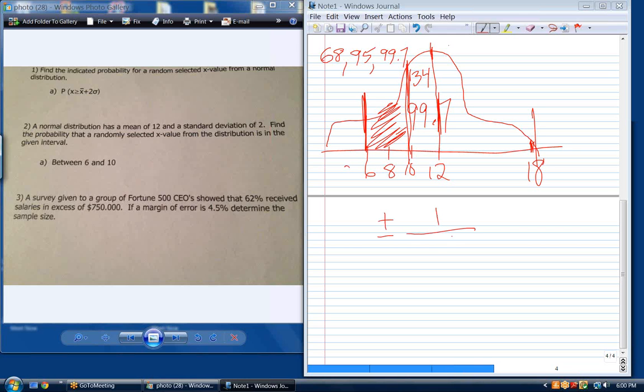See? Find the margin of error. Margin of error. N is the margin of error?